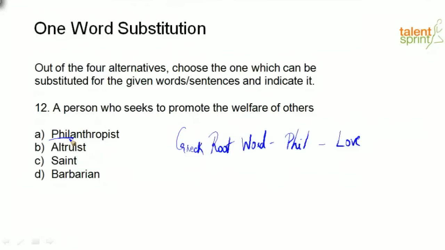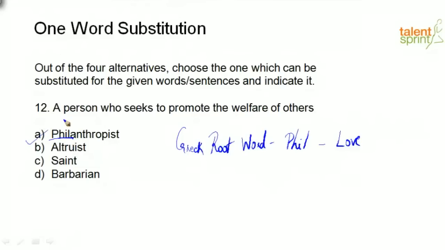So Phil, the Greek root word means love, right? And the phrase is saying a person who seeks to promote the welfare of others. Without you having love within you for that person, you're not going to make any effort in making that person's life more comfortable or more easy, right?